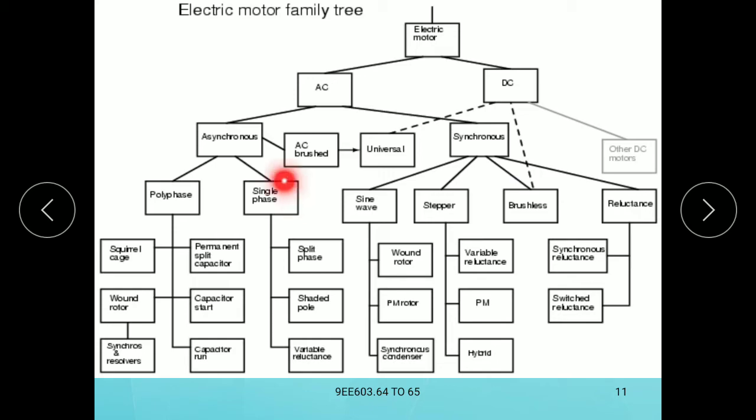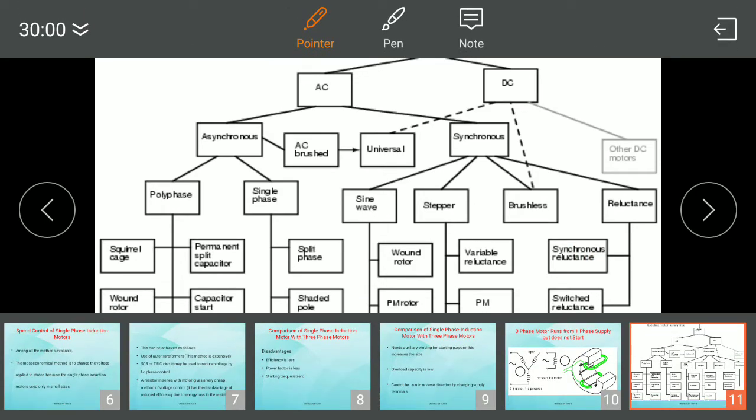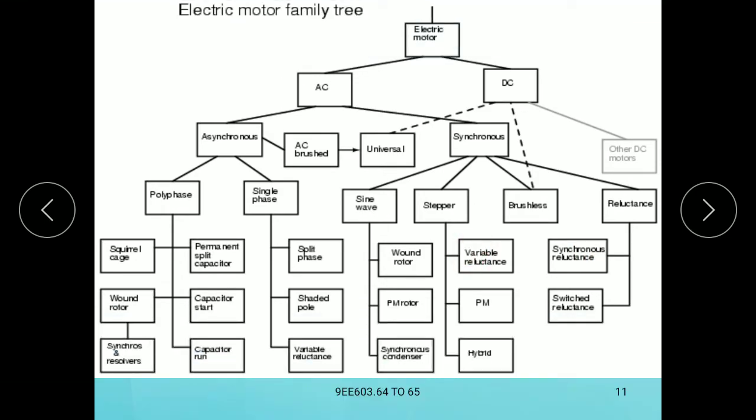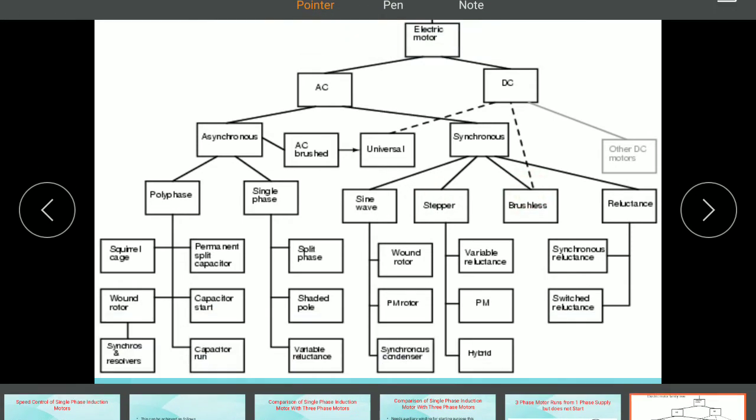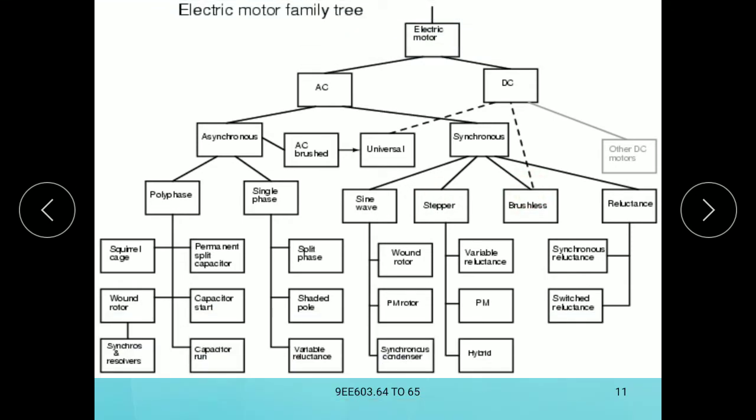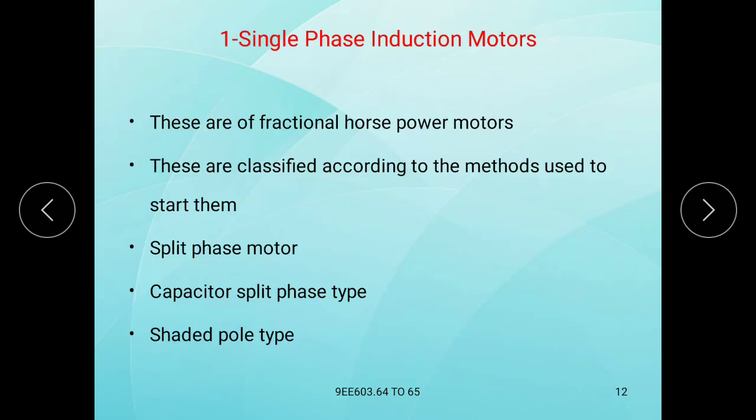This part we have learned. These are the special types of motors. Here the variable reluctance, synchronous reluctance, stepper, brushless. These are the different types of motors, that is, special types of motors.